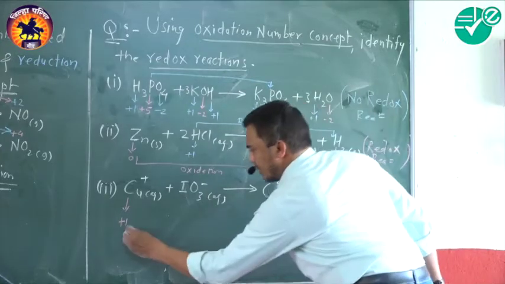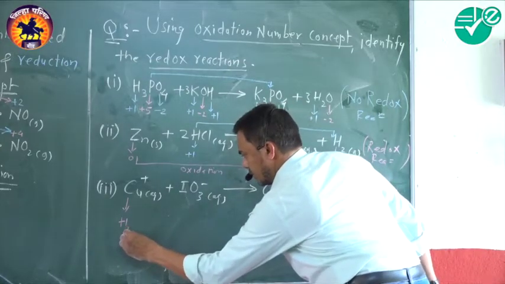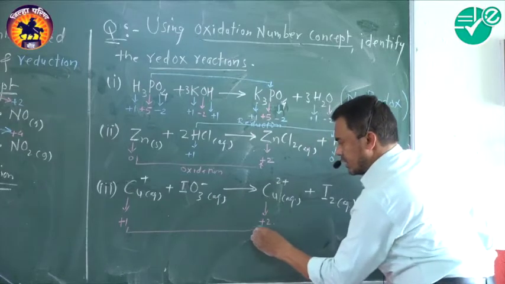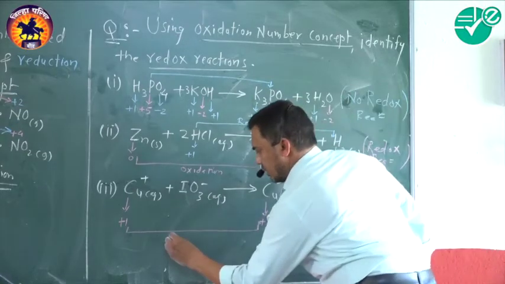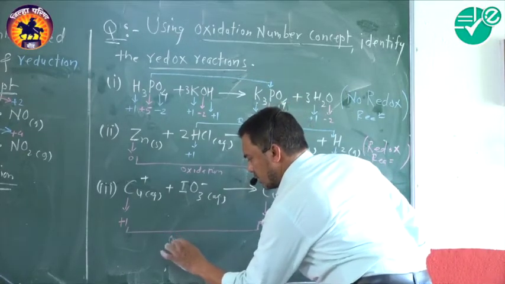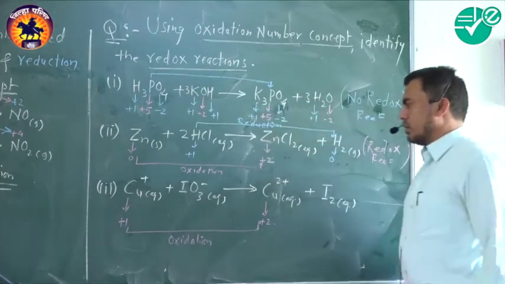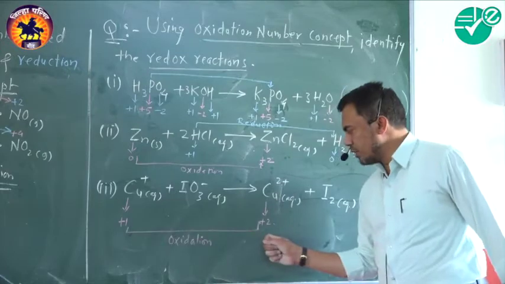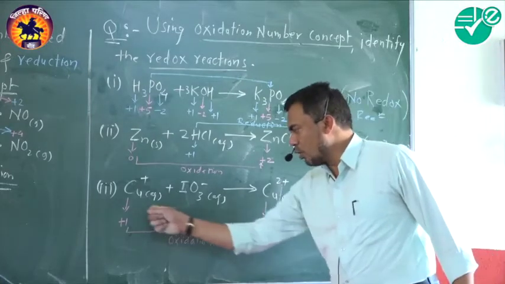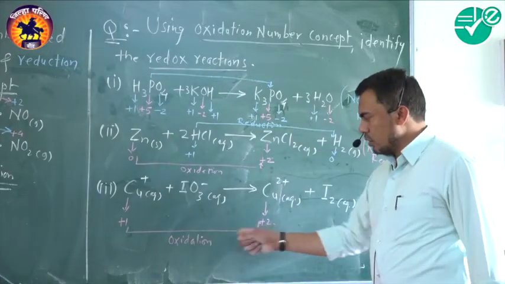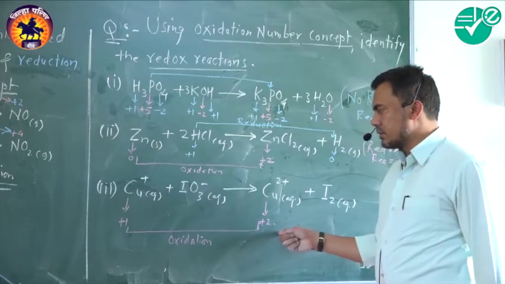So in this case the oxidation number increases, that is, the reaction is called an oxidation reaction. So the oxidation number increased by 1 from copper to copper +2, it's called an oxidation process.